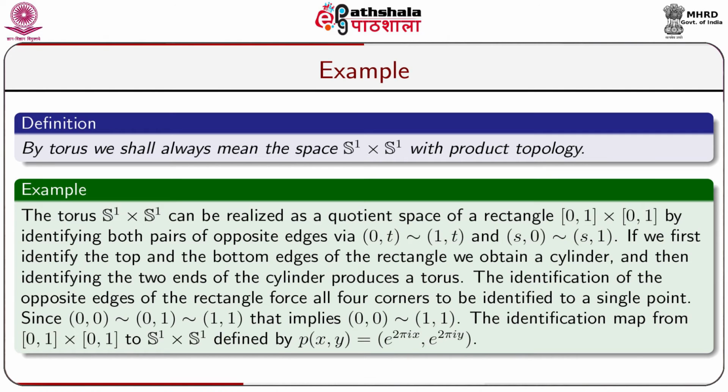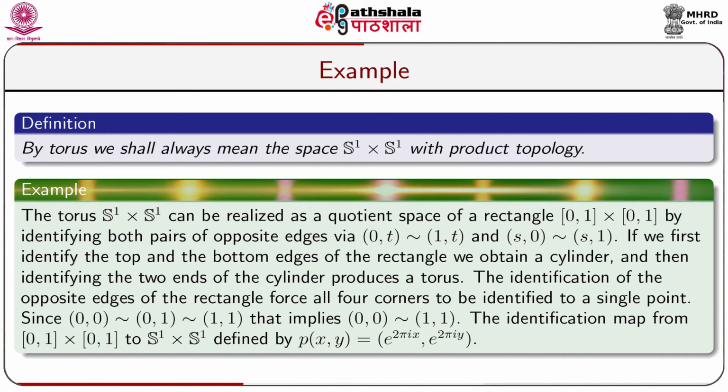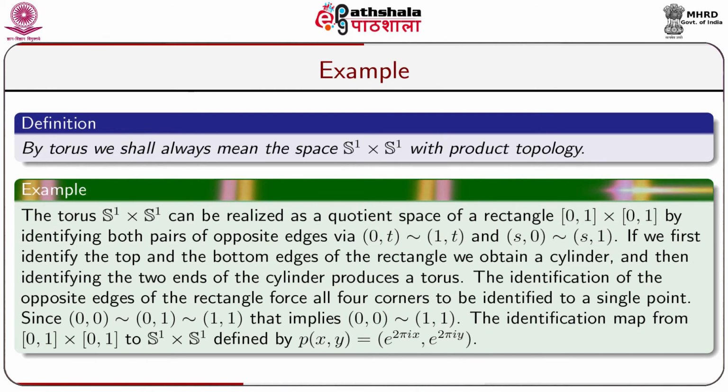Since (0, 0) is identified with (0, 1) is identified with (1, 1), this implies that (0, 0) is identified with (1, 1). Here the identification map is defined as p(x, y) = (e^(2πix), e^(2πiy)).